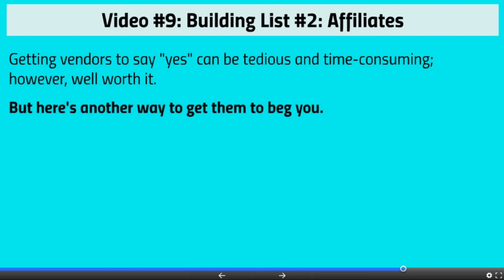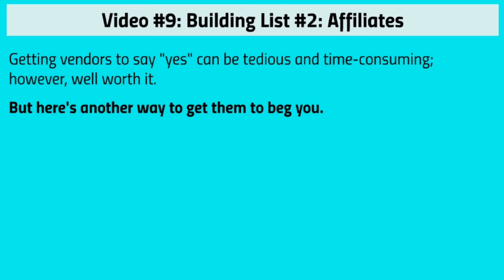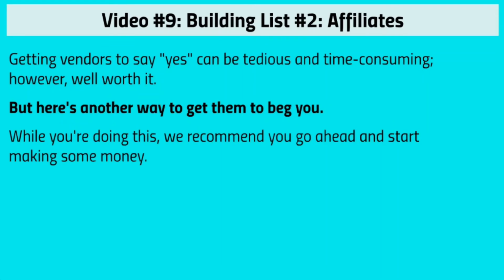However, there is another way to actually get them to come to you and get them to beg you. So this works really well. This is something that we have tested over time and works. So while you're doing what we talked about in the previous video, we recommend that you go ahead and start making some money as an affiliate.